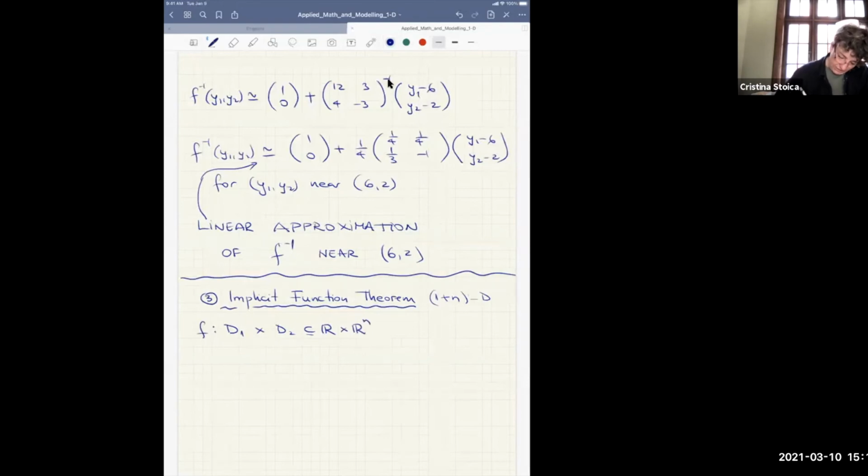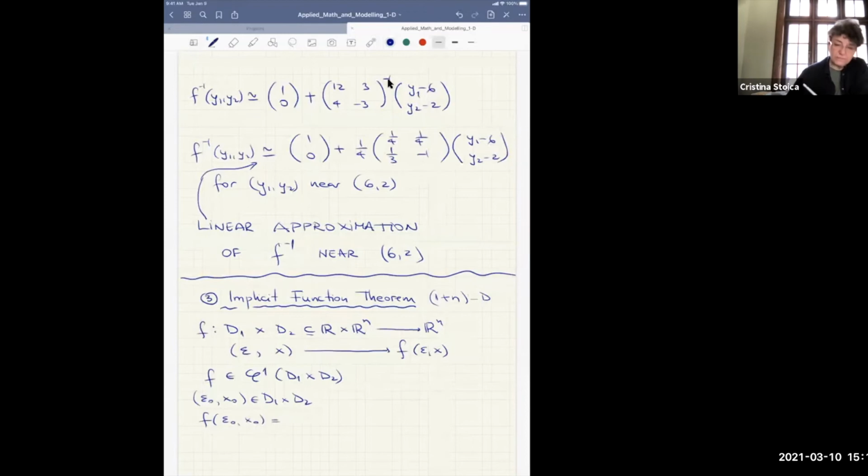It's something like (epsilon, x) goes into f of (epsilon, x). And this function is very nice, is C1 on this domain, so differentiable with the derivative continuous. And then let's say that we have (epsilon naught, x naught) in D1 times D2, and let's call f at (epsilon naught, x naught) to be y naught, okay?